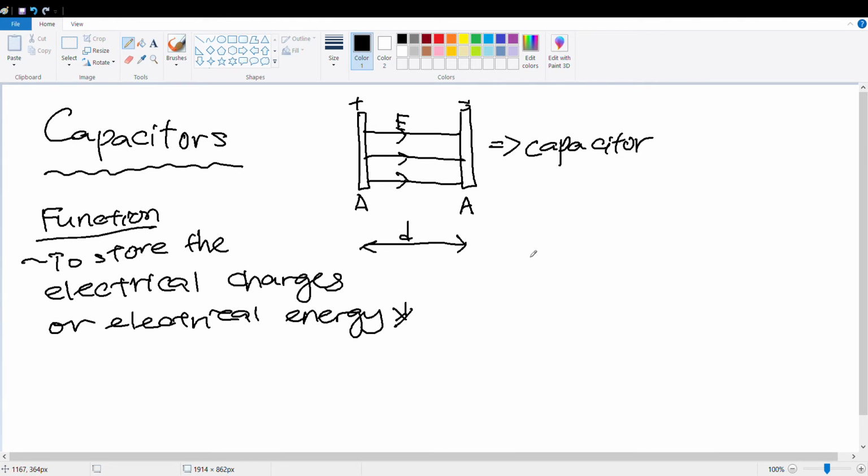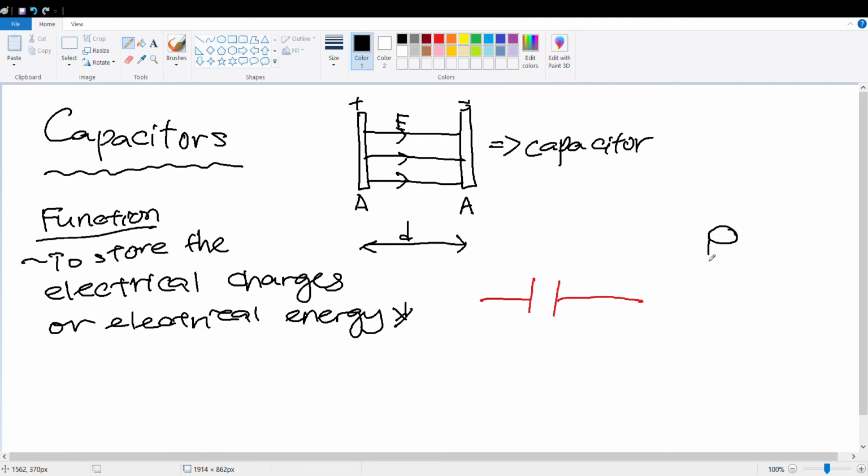Usually the symbol for the capacitor, so let me just use another color. The symbol for the capacitor is in this form. These two straight pieces indicate the two parallel plates of the capacitor. As for the capacitor in real life, the electric component is in this form.